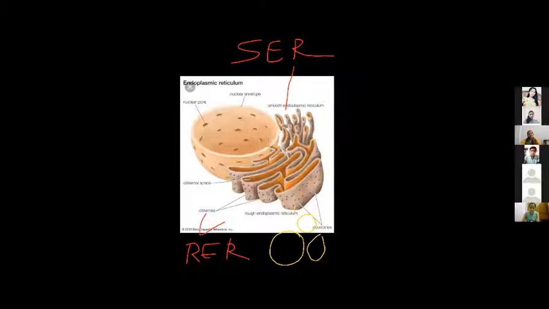Now, you know where the endoplasmic reticulum starts and where it ends. The endoplasmic reticulum starts with the nuclear envelope, and it is attached with the cell membrane. As we know, it is present in the cytoplasm.